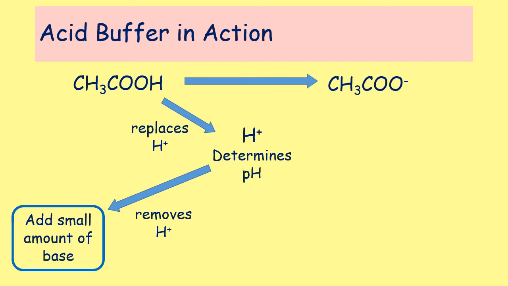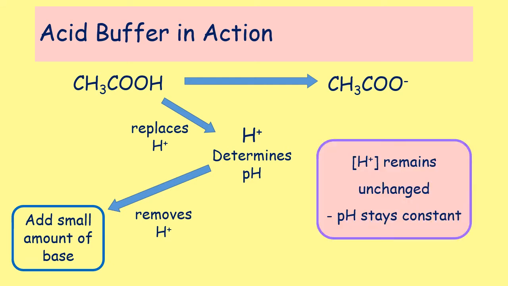So our acid donates some H plus into the solution and forms more of the conjugate base. And as a consequence, the concentration of H plus remains unchanged and the pH can stay constant.